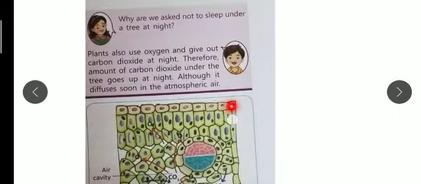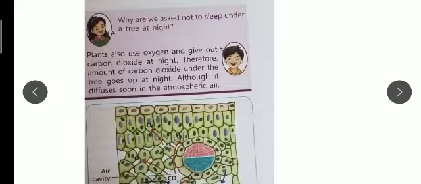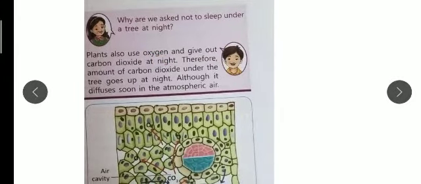Here you can see one give-reason type of question is given: Why are we asked not to sleep under a tree at night? Your grandparents and parents say don't go near the bushes during evening time, even late evening and night time. Why? Because plants also use oxygen and give out carbon dioxide, and the amount of carbon dioxide under a tree goes up at night.